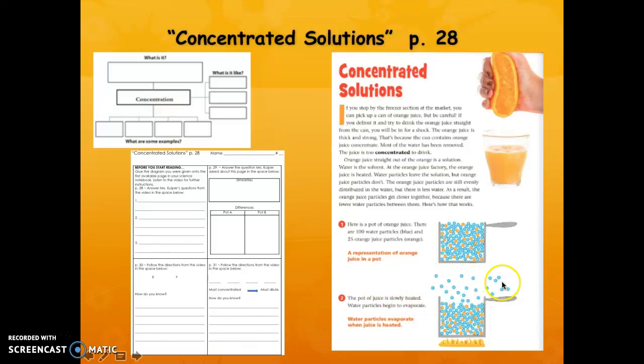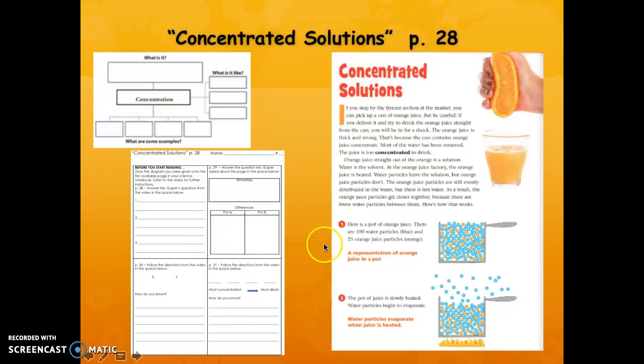So you can see those escaping into the air. There's still the 25 orange juice particles though. So my first question to you that I want you to answer right over here is, what do these diagrams represent? Stop the video and tell me what these diagrams are showing.